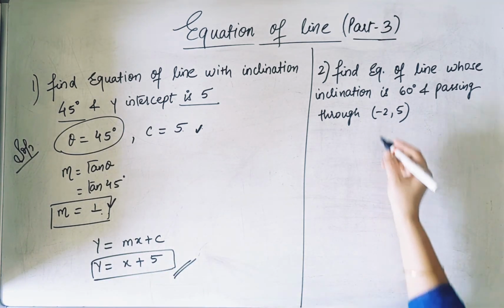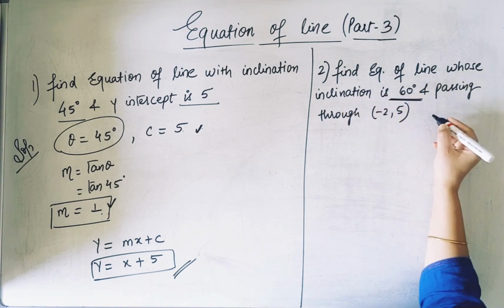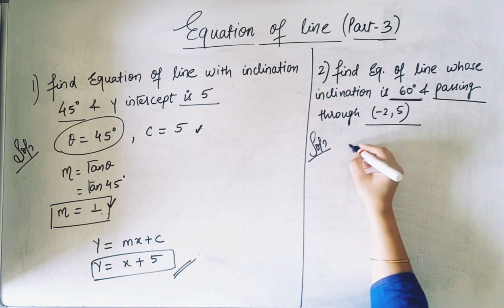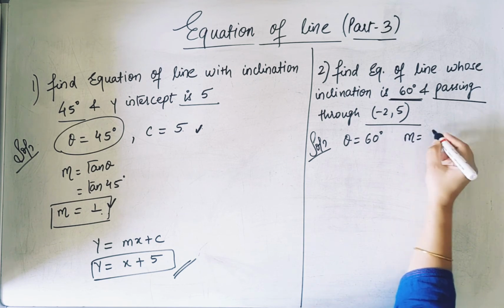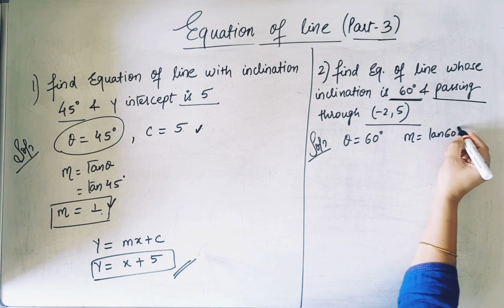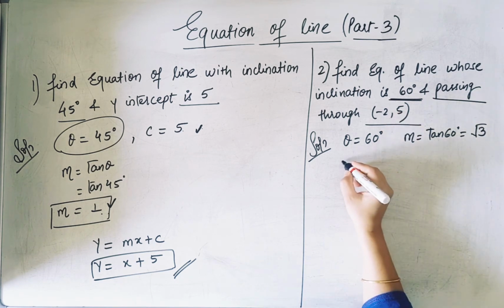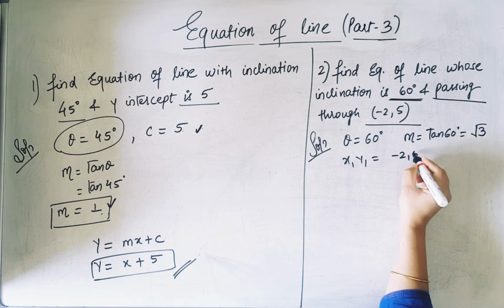Next question: find the equation of the line whose inclination is 60 degrees passing through (-2, 5). Now inclination is 60 degrees, that means theta is 60 degrees. So m will be what? Tan 60, and the value of tan 60 is √3. Now they have given a point, that is x1, y1, which is equal to (-2, 5).